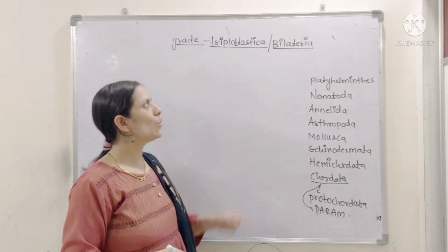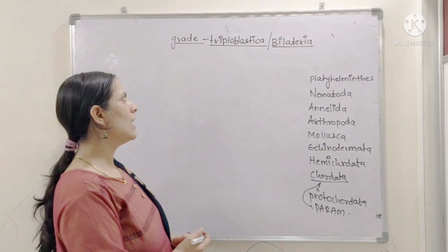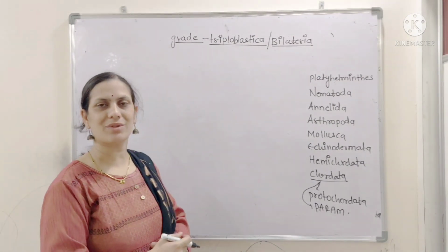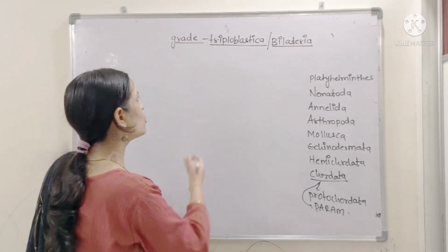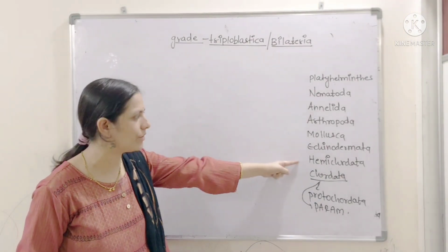Ready. So we will check here the further classification of kingdom Animalia right from the Triploblastica grade, or based on the symmetry it is known as Bilateria. So what are triploblastic all phyla here, which we have written on this side.